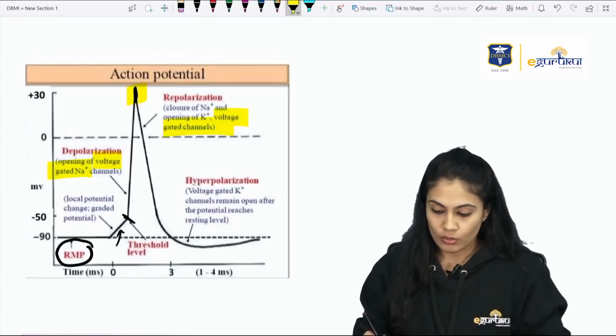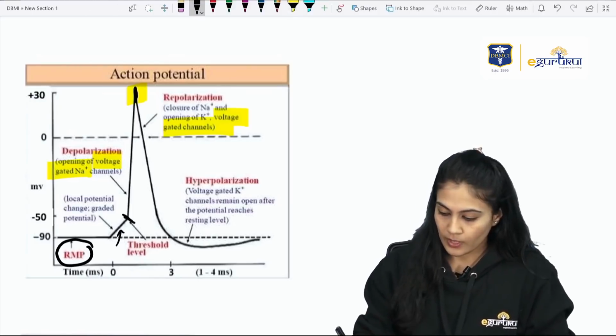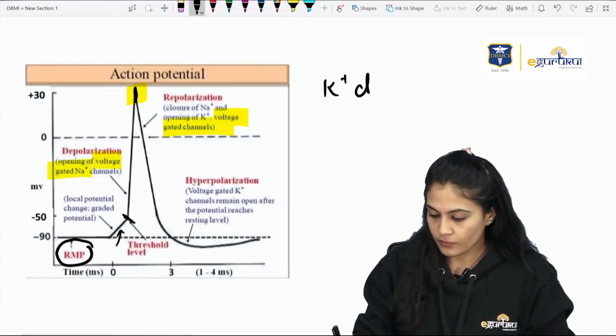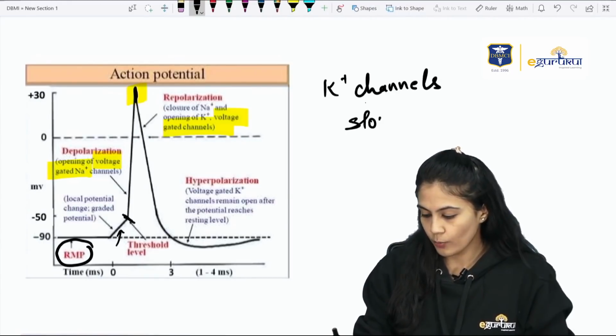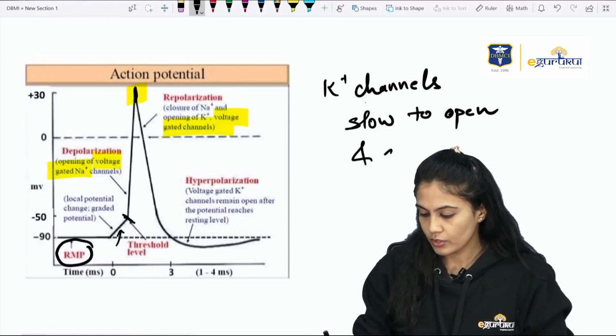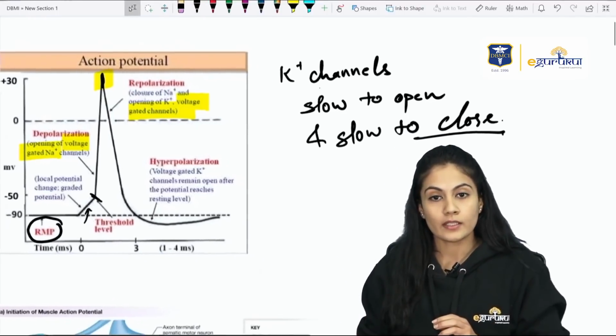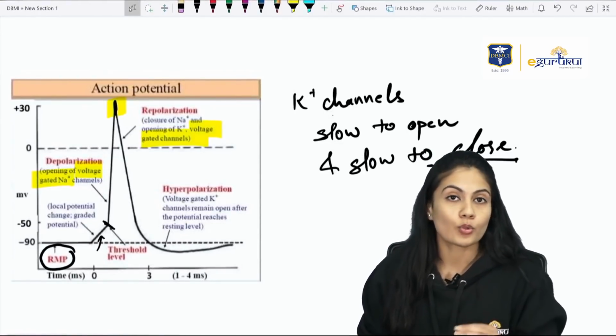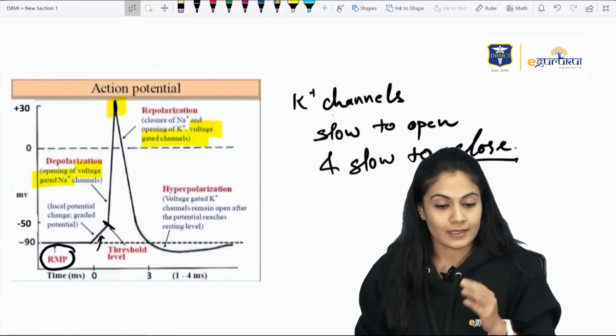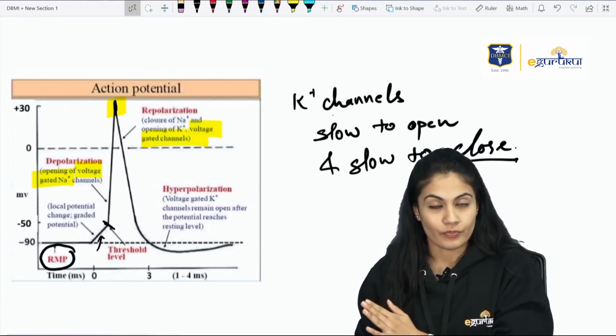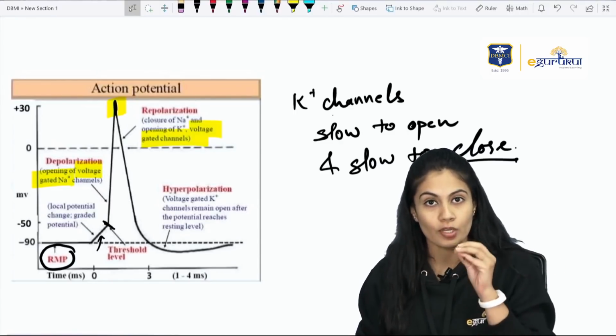Now, the thing to remember over here is that potassium channels are slow to open and slow to close. So even at the point where the RMP is reached, the potassium channel is unable to close off, and potassium is still going out of the cell even though the RMP is already reached.